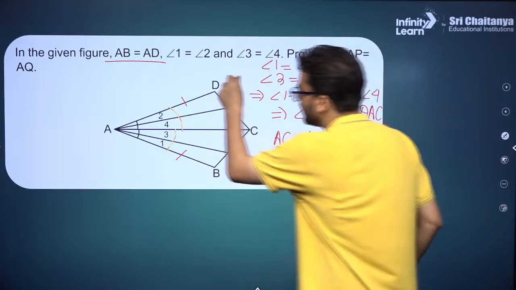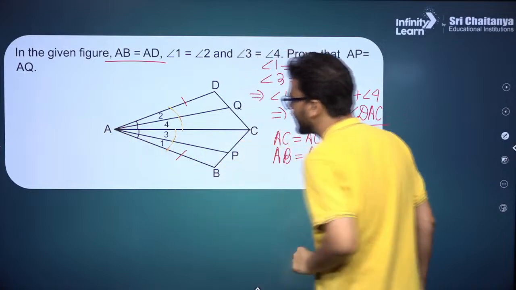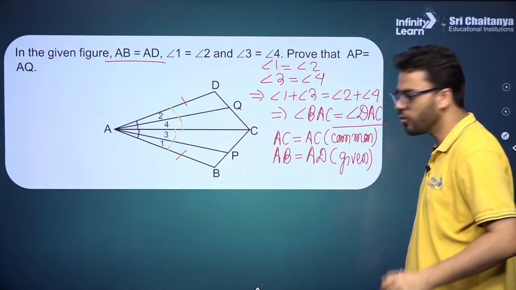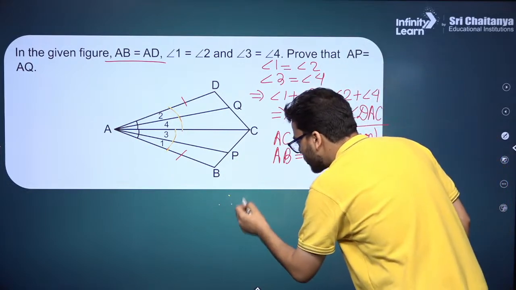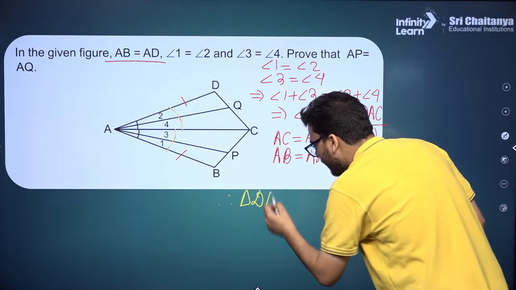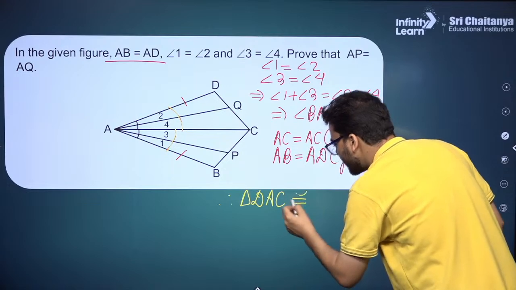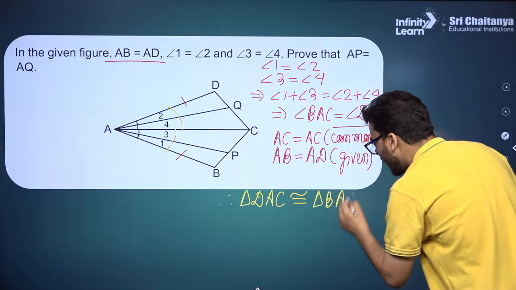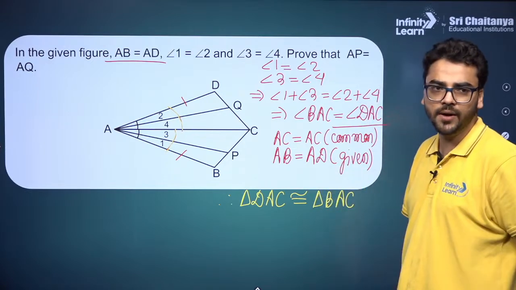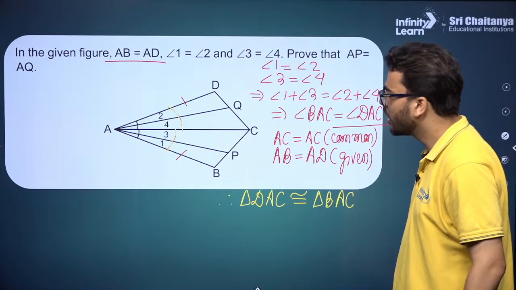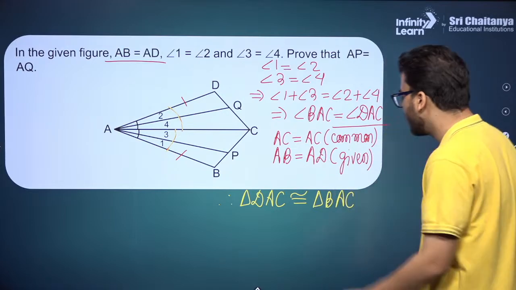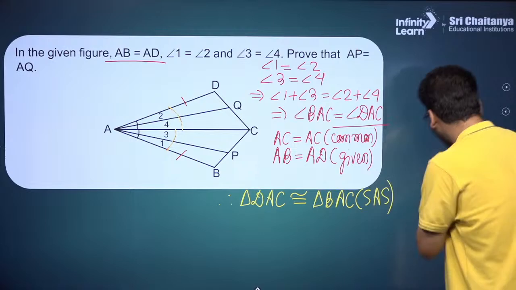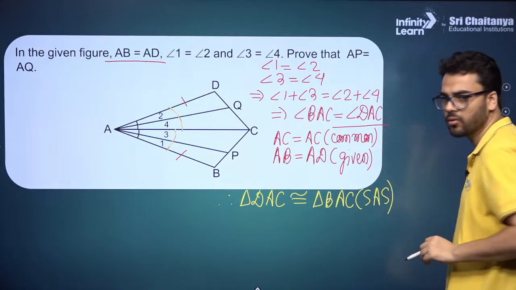So can I not say that triangle DAC is congruent to triangle BAC? By SAS congruency criterion, they are congruent, correct?